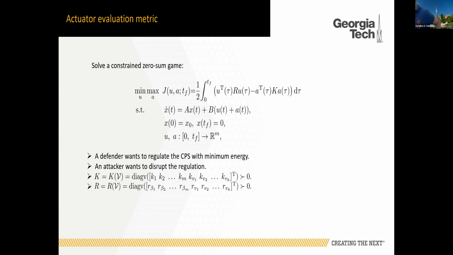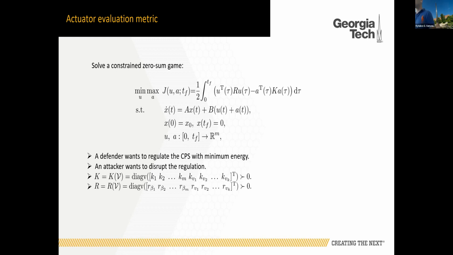Now, as you see here, what I have is U transpose RU minus A transpose KA. Again, it's a minimax problem, given the equality constraints that come from dynamics, initial conditions, and the final conditions.